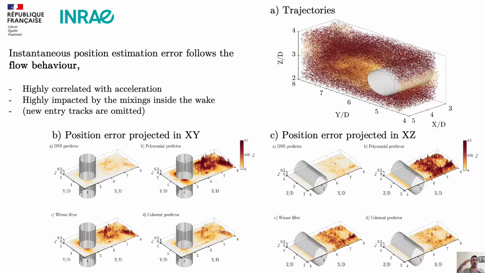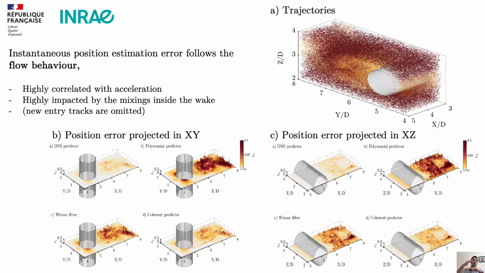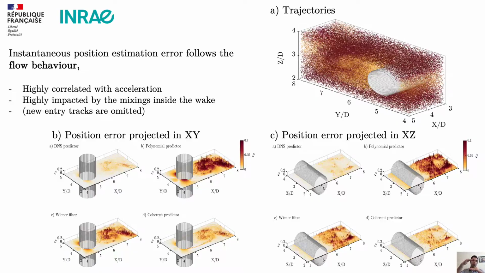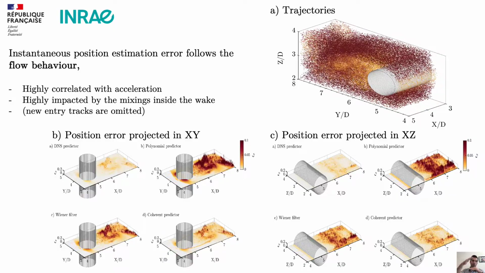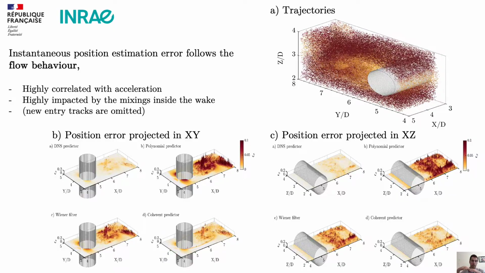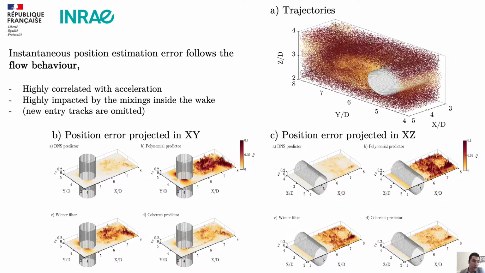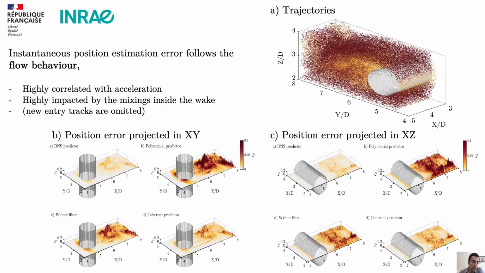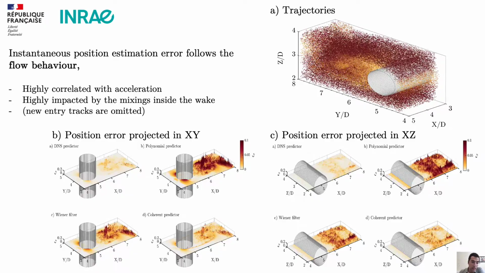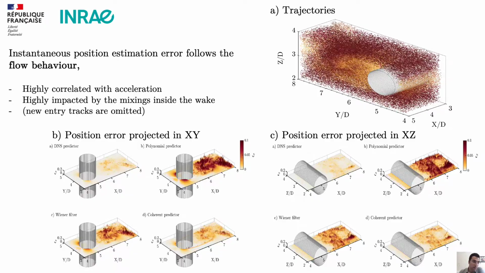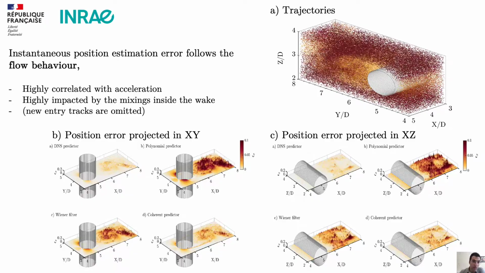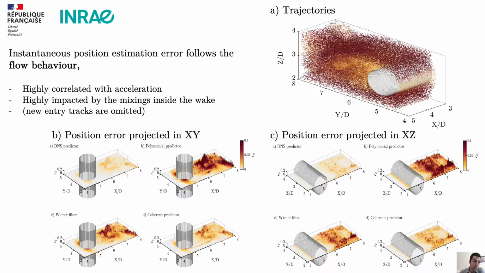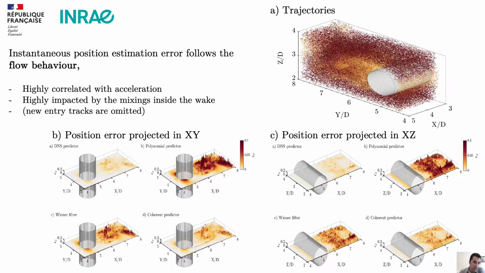If we project all the estimation errors on one plane in the streamwise direction on section B, you can see the evolution of error by time step in different techniques. The DNS predictor is supposed to show the best performance, and we can see that.